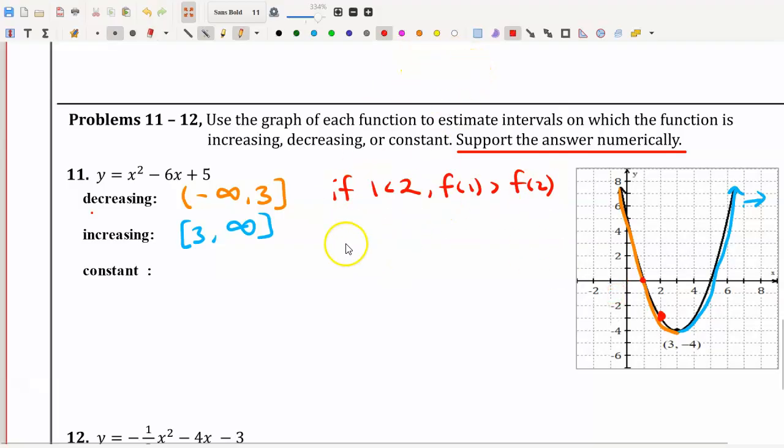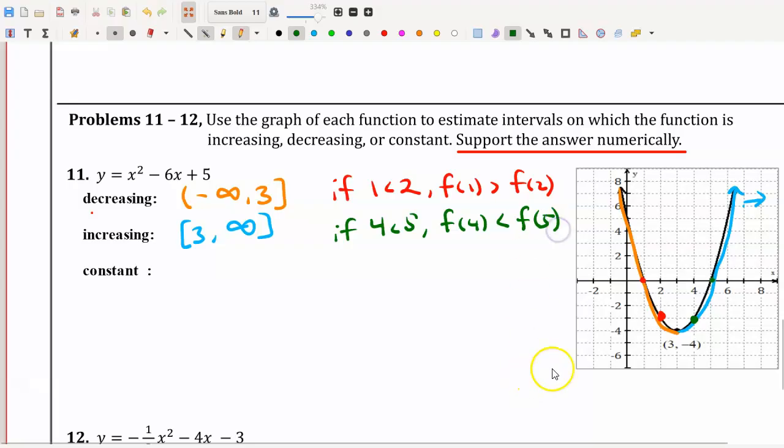And that's all you need to put, something like this statement. And we can do the same thing for increasing. I'm going to go over here. We can say if, pick any 2 numbers on the right side, let's say 4 and 5. So we can say, well, if 4 is less than 5, and it's increasing, f of 4 is going to be smaller than f of 5.